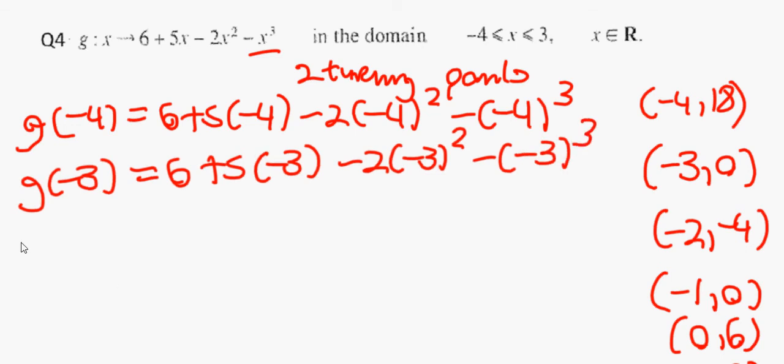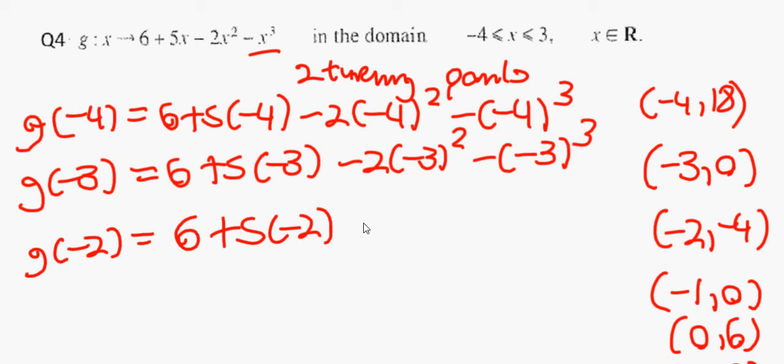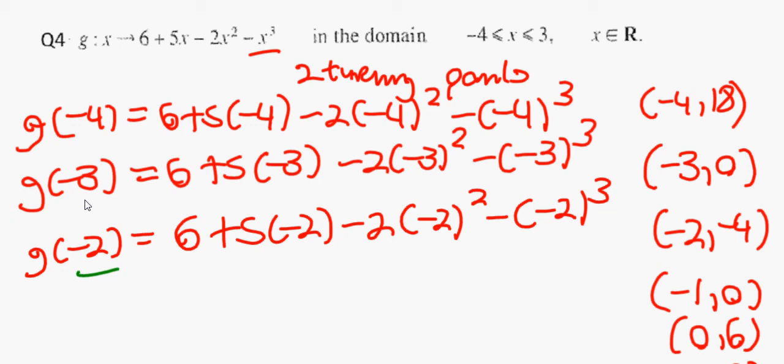Next, G of minus 2 equals 6 plus 5 times minus 2 minus 2 times minus 2 squared minus bracket minus 2 cubed. You're basically replacing the x with whatever number you're using, so the x's are getting replaced.